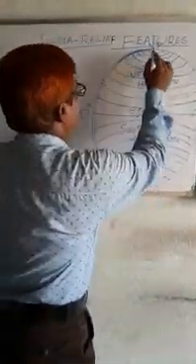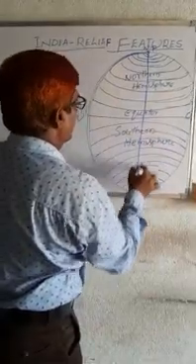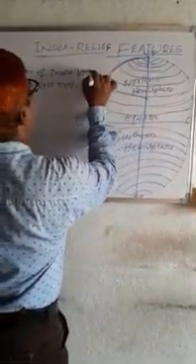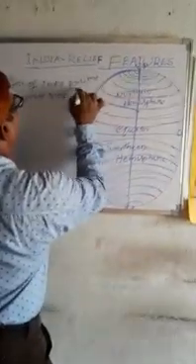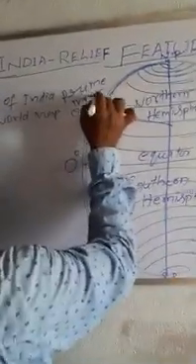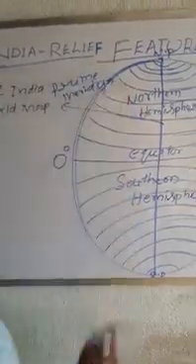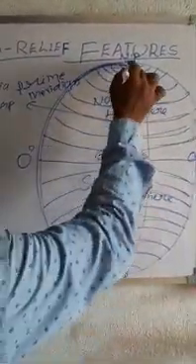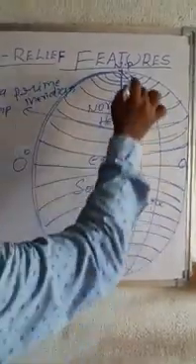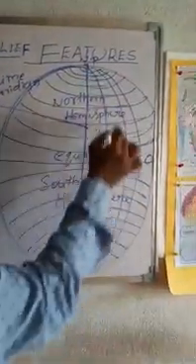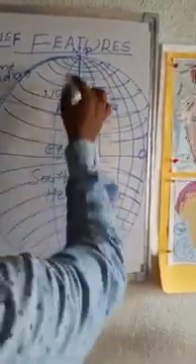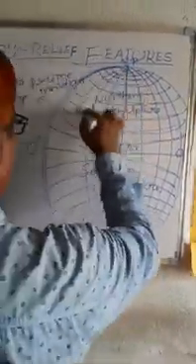This is the initial line of longitudes. It is called the prime meridian. We will draw the other longitudes in the eastern hemisphere and western hemisphere.